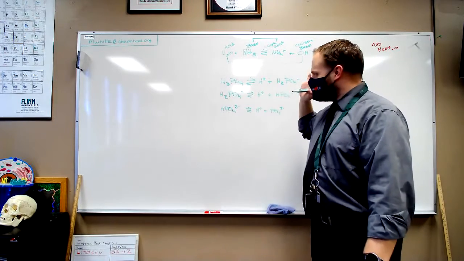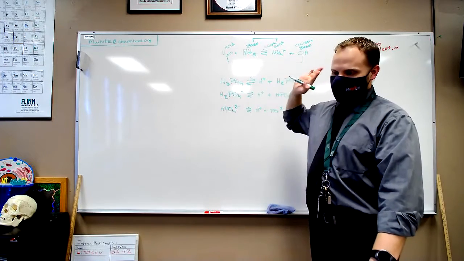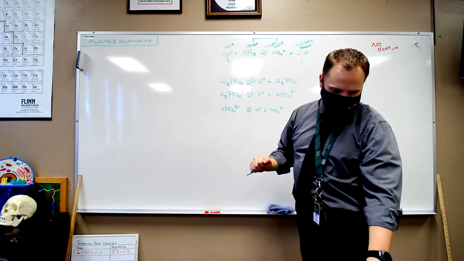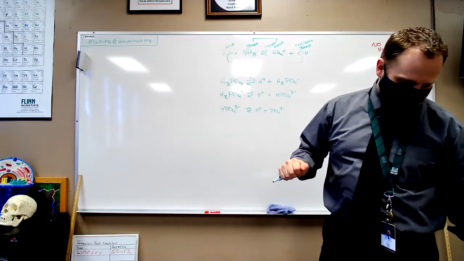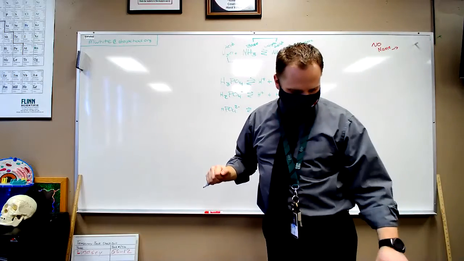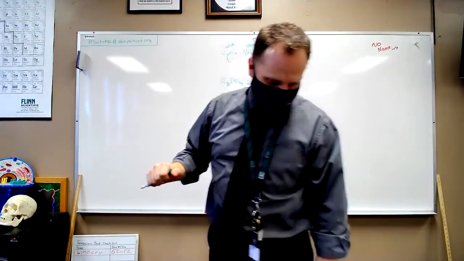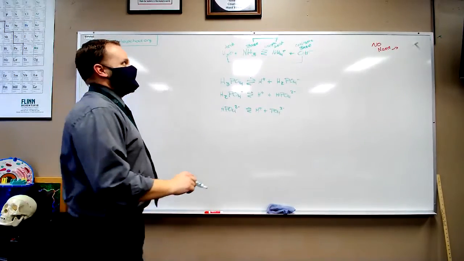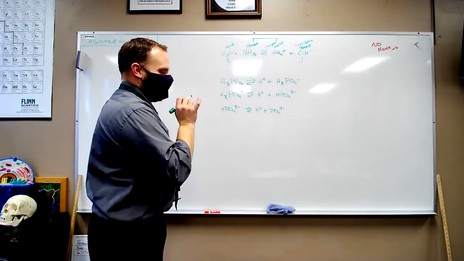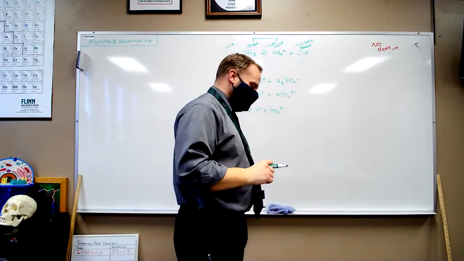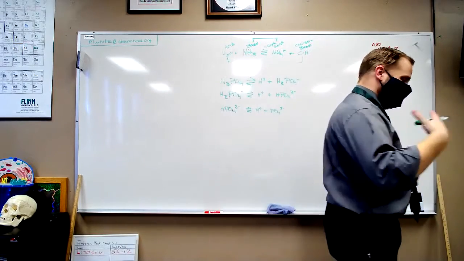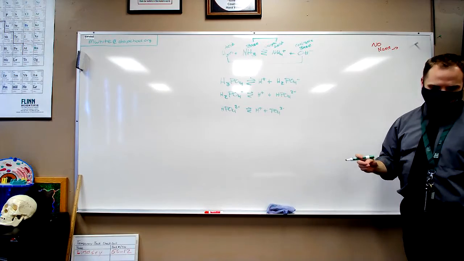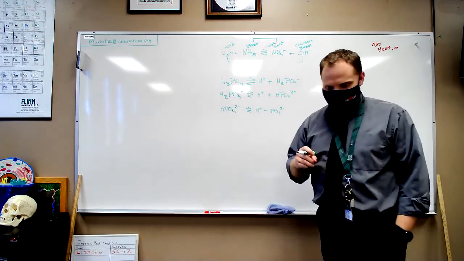And that works really, really well. Once again, it's not perfect. We do have a couple of things that act as acids and bases that are not fully explained by the Bronsted-Lowry model. For those, we go to what's called the Lewis model, and that deals with electron pairs, electron pair donors and electron pair acceptors.